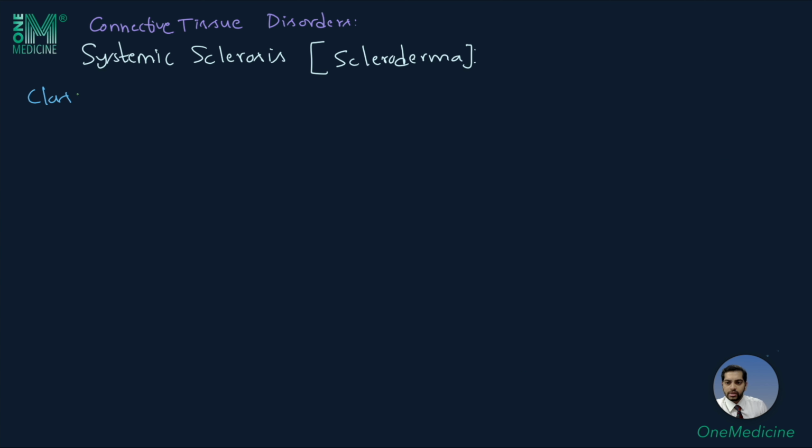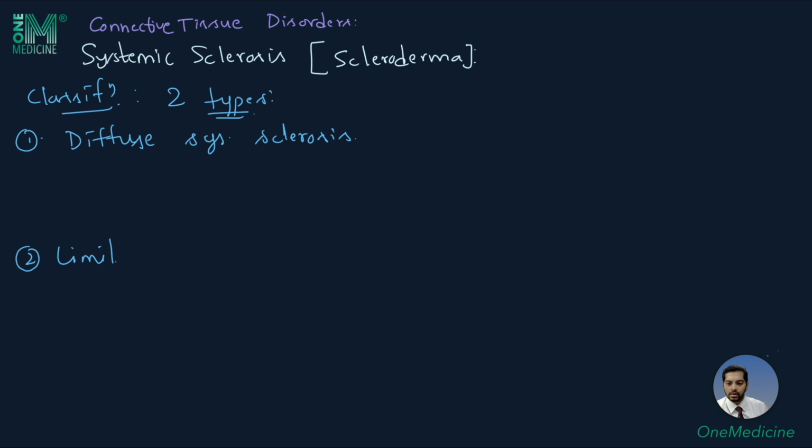In the classification of systemic sclerosis, there are two distinct types which can be understood. The first one is diffuse systemic sclerosis, and the second one is limited systemic sclerosis.